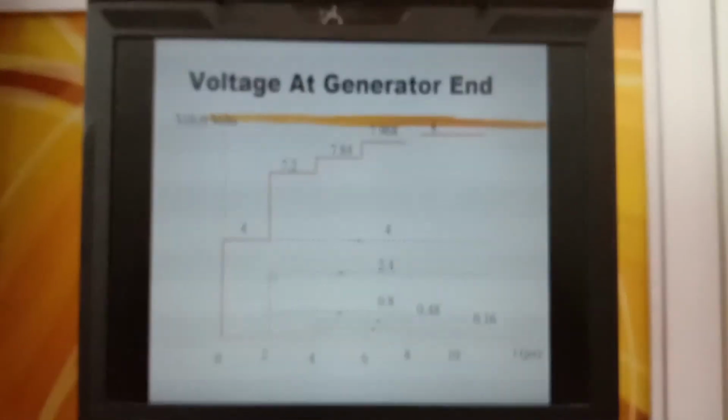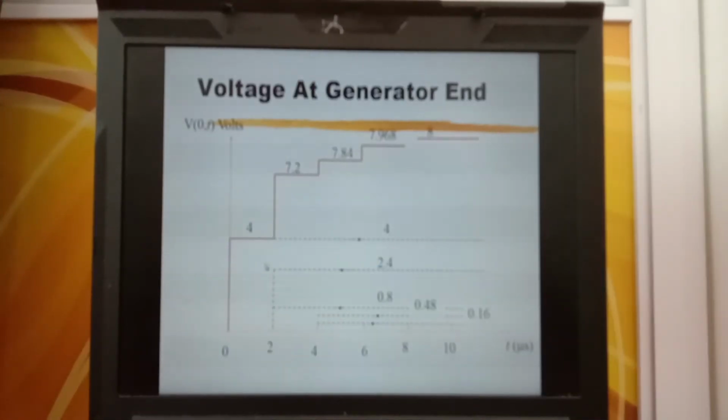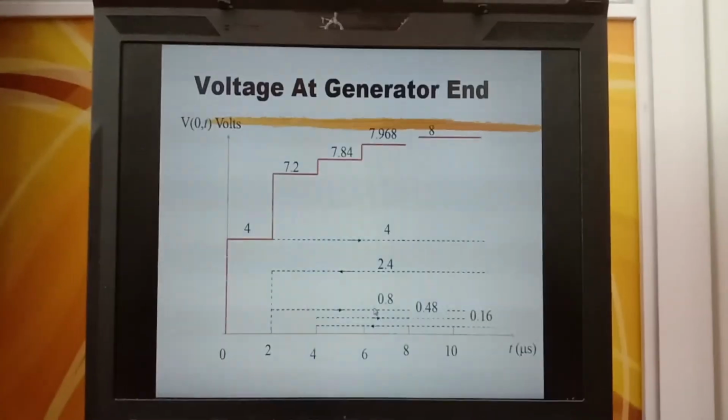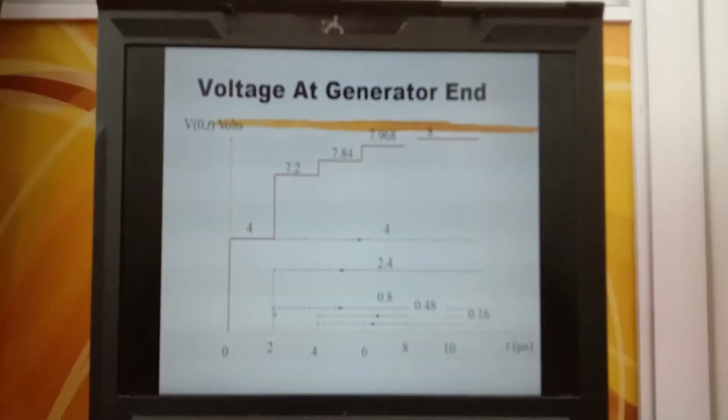The 2.4 volt plus 4 volt plus the voltage that is reflected at time t equals 2t1, which is 0.8 volt. So we have 0.8 plus 2.4 plus 4. That gives us 7.2 volt.